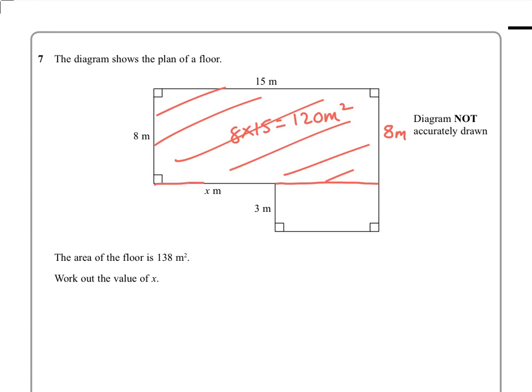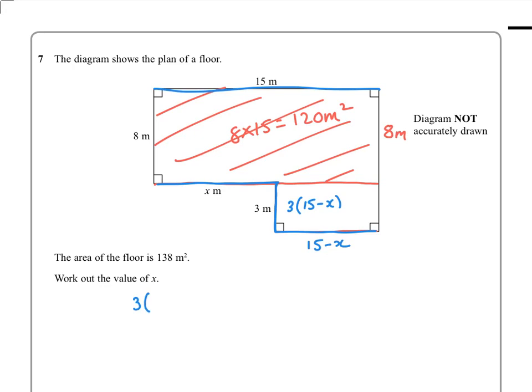If it's all x to here, then what's this distance here? Well, it surely must be 15 with the x taken off. So this must be 15 minus x. So the area would be 3 multiplied by 15 minus x, because you do length times width. So we need to add those two together.